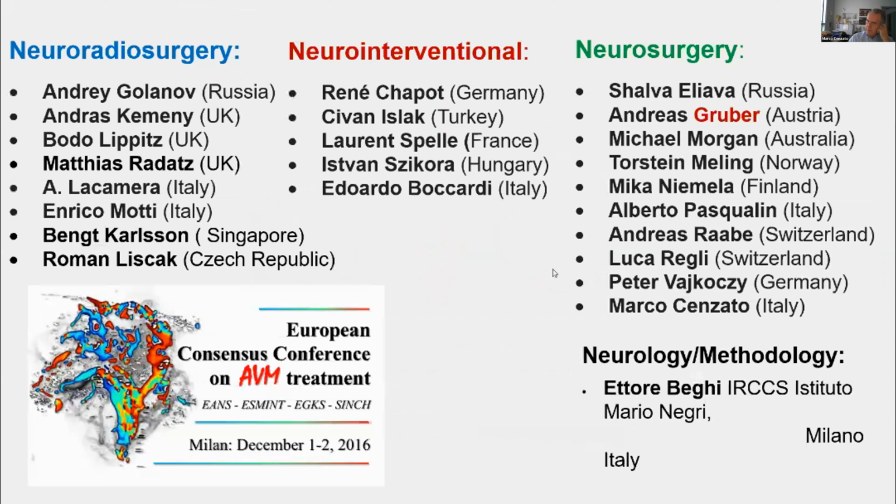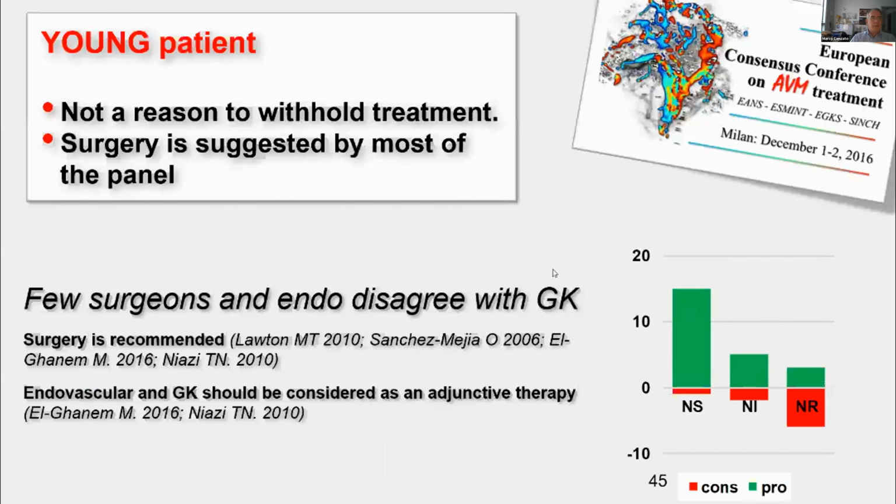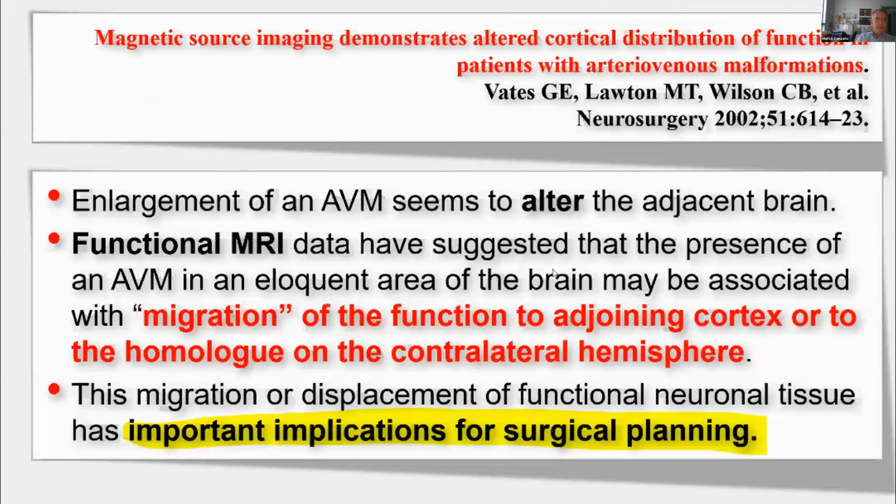And so we had, with Andreas, with Peter, and with many other neurosurgeons, neuroradiologists and radiosurgeons, several years ago, after the ARUBA trial, a consensus conference, and concerning the young patient, at the end most of the neurosurgeons, interventionalists and neuroradiologists agreed that it's better to do something in the child and so prevent a future damage rather than waiting for something to happen.